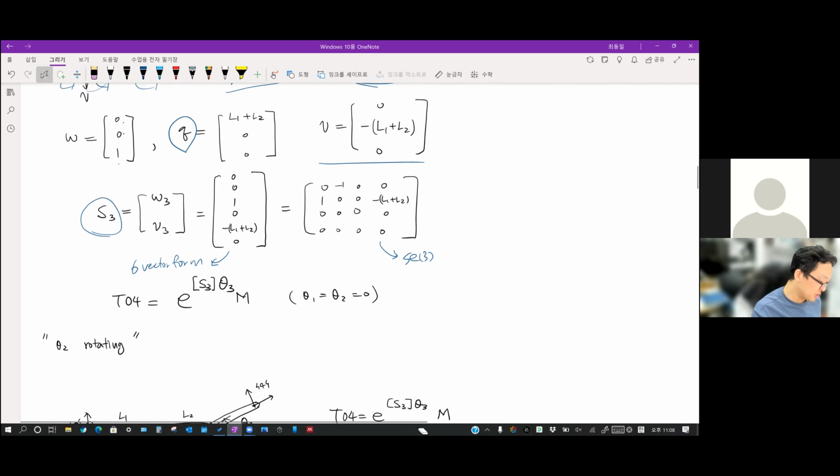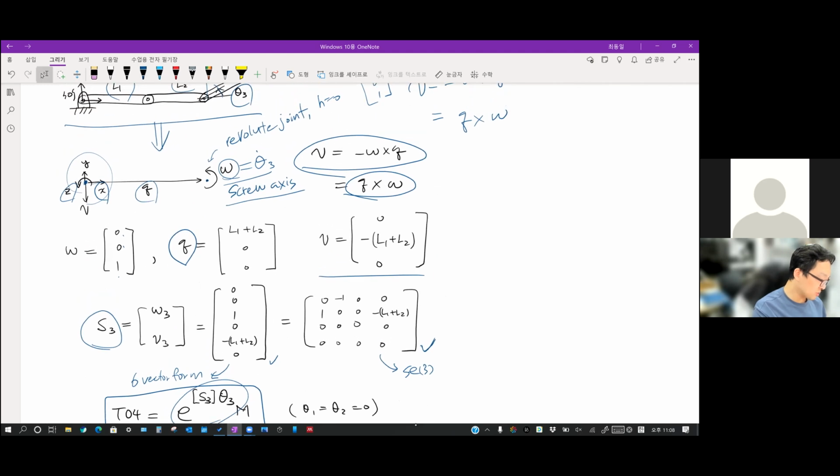And if we know this information, we can make the forward kinematics using this equation.